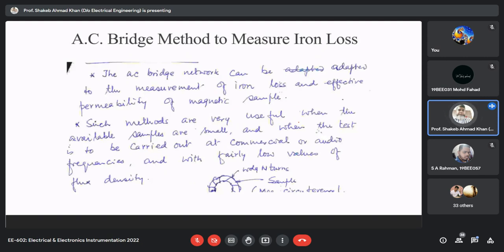Now, one of the methods we discussed is how we can separate the hysteresis and eddy current loss, and that we have done. You can solve the equation, or you can separate it graphically also.